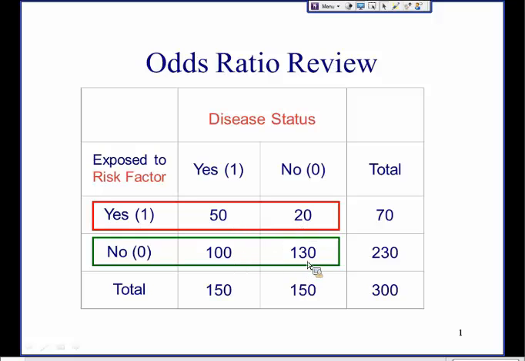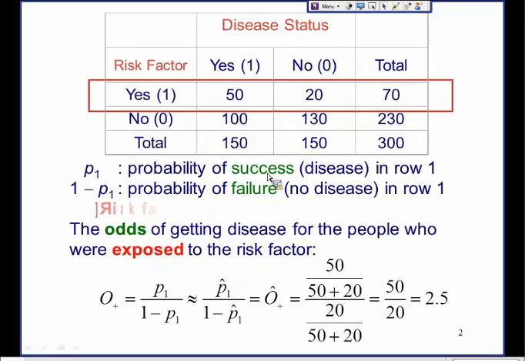And in fact, by definition, I'm going to introduce some probability notation here to explain the odds. P1, with subscript 1, indicates that you're exposed to the risk factor. So the probability of disease when exposed to the risk factor is called P1, and that's when you're in row 1. P1 is the probability of success, here the probability of getting 1 from disease data, which is yes.